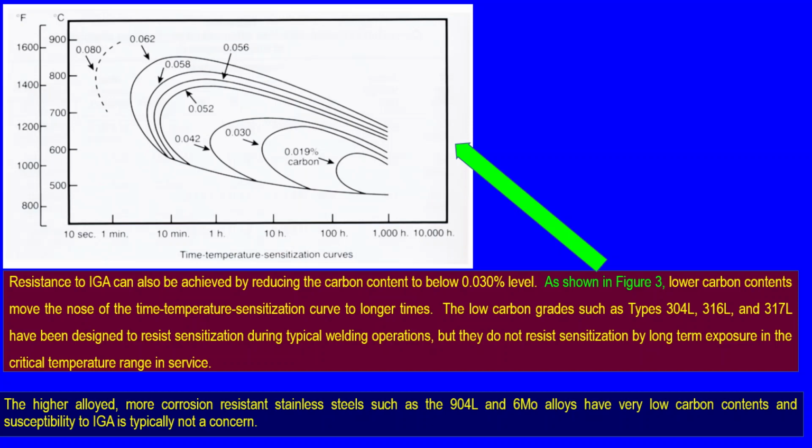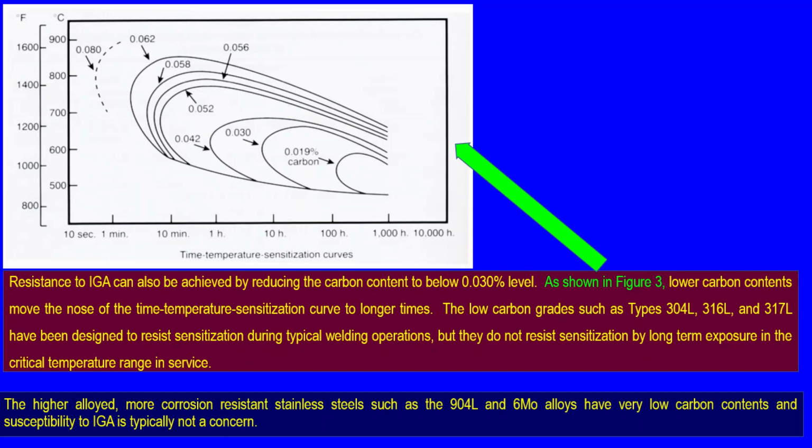Resistance to intergranular attack can also be achieved by reducing the carbon content to below the 0.03% level. The figure at the top shows low carbon contents of less than 0.03% move the nose of the time-temperature sensitization curve to longer times.